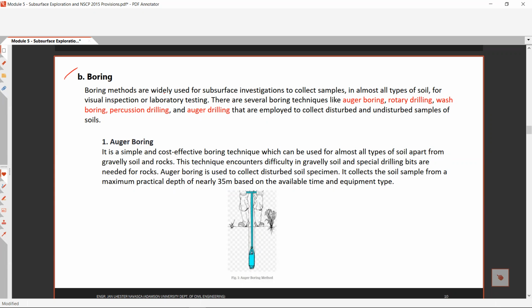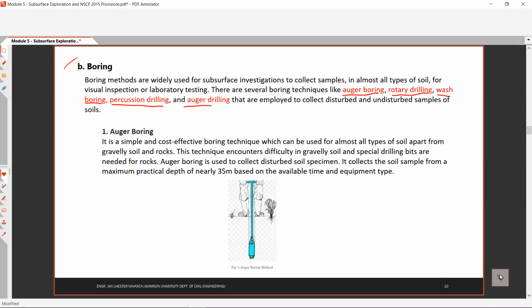There are several boring techniques that we can use. We have auger boring, rotary drilling, washboring, percussion drilling, and auger drilling. These boring techniques are employed to collect disturbed and undisturbed samples of the soils.